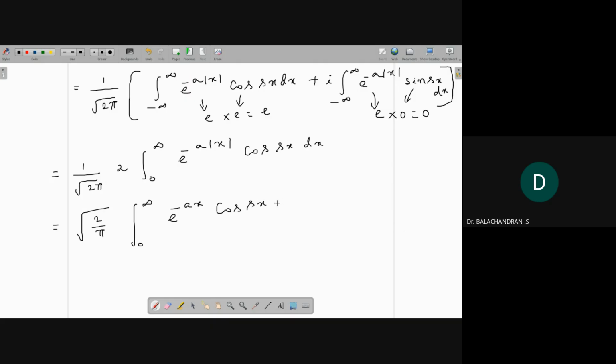Okay, now you should use the formula which you studied in the previous semester also.